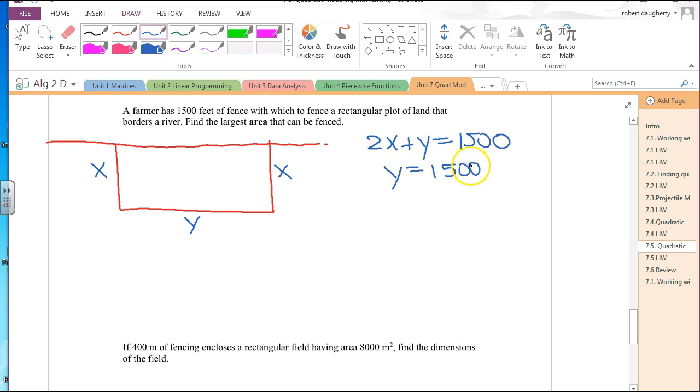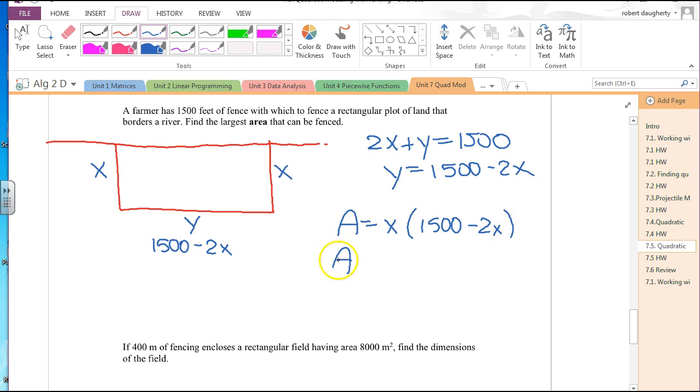So what does y equal? Yeah, 1500 minus 2x. So this side right here is 1500 minus 2x. What is my objective with this problem? To maximize the area. So the area is going to be x times (1500 minus 2x).